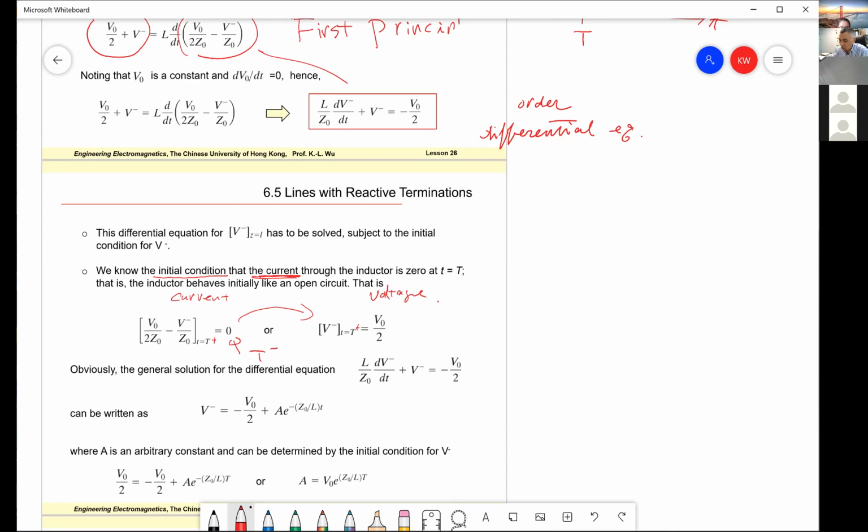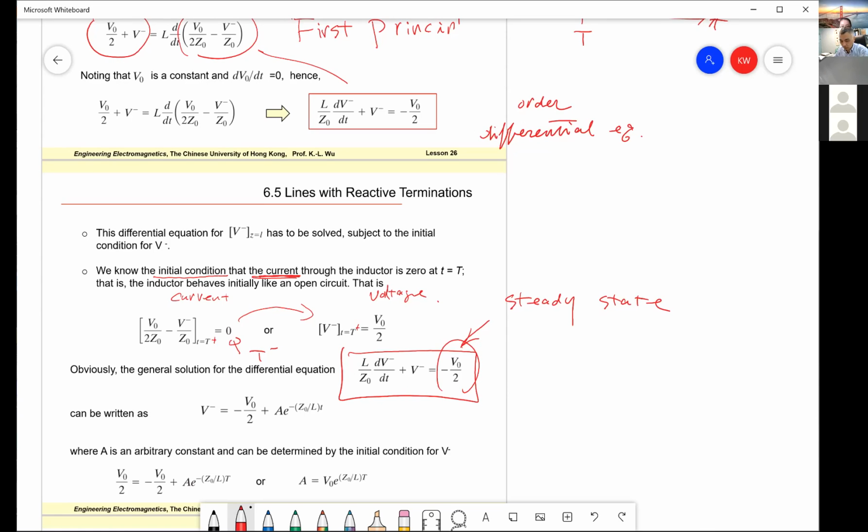That means to solve this differential equation, because it is a first order differential equation, we must have a term. This term is a steady state. With time going to infinity, you have to have this solution. In this case, at infinity, the derivative equals 0.